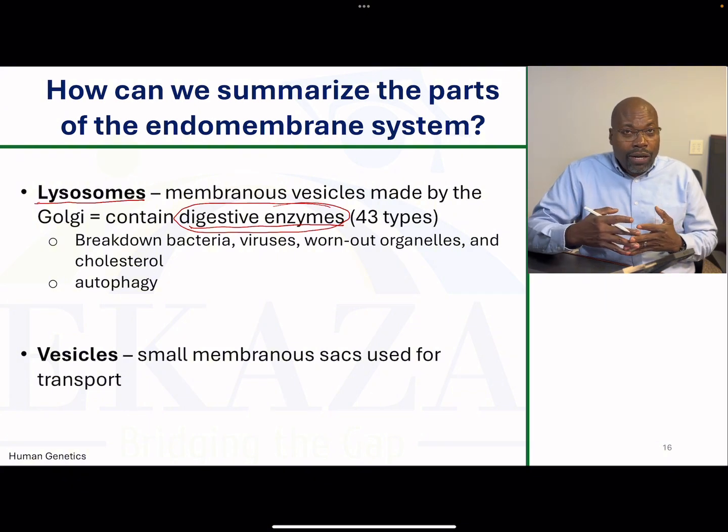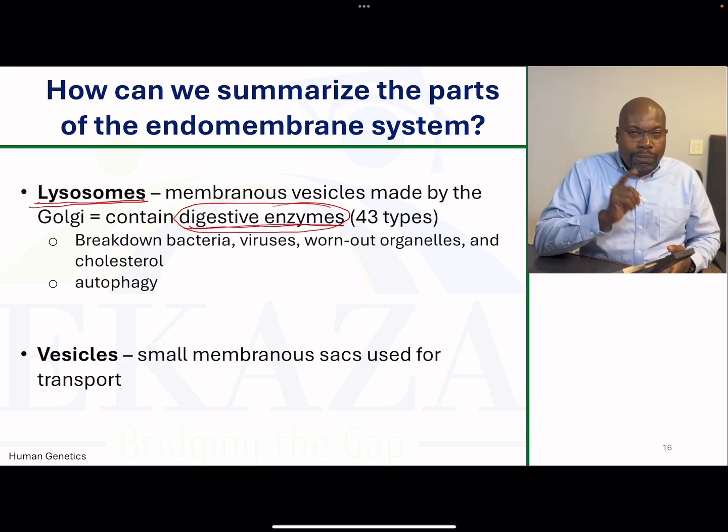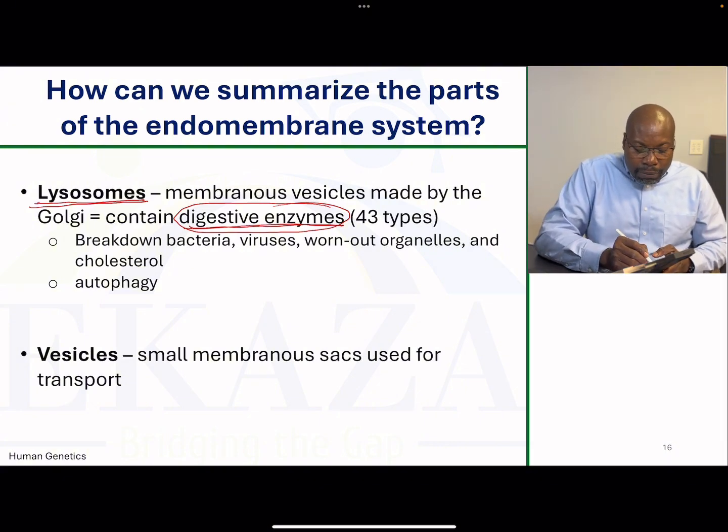Well, that mitochondrion has to be broken down, right? The lysosomes and the digestive enzymes in the lysosomes are the ones responsible for breaking down those damaged organelles in a process of autophagy, right?